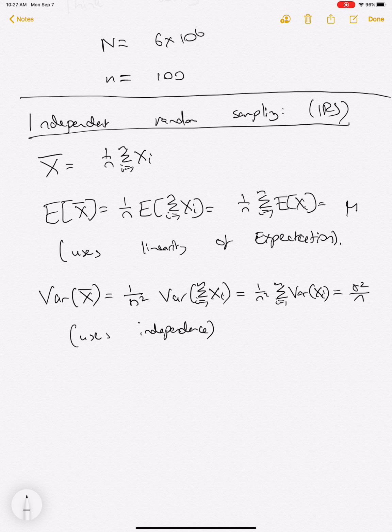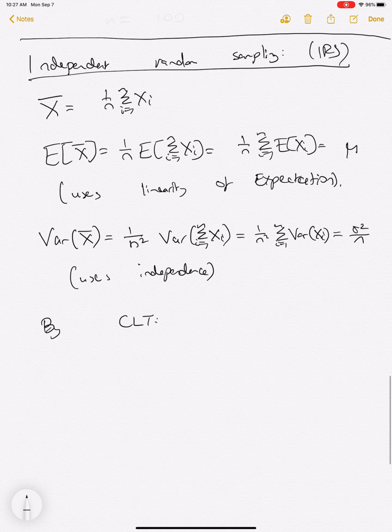And so we also know that by the central limit theorem, that thing converges to normal 0, 1.